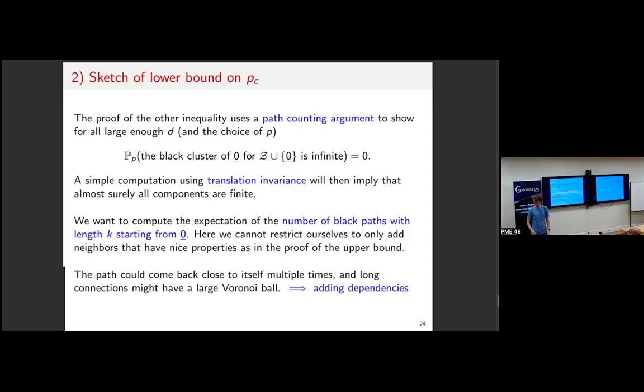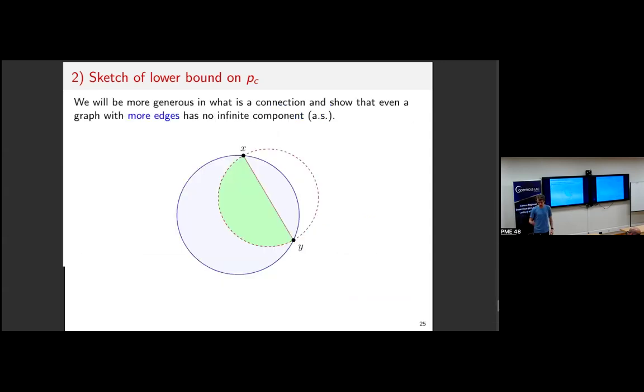So you have to think about how you do this. One way would be to add more edges than are actually there in the path, because if you show that there is no infinite component with even more edges, then of course there can also not be an infinite component if you remove the edges again.